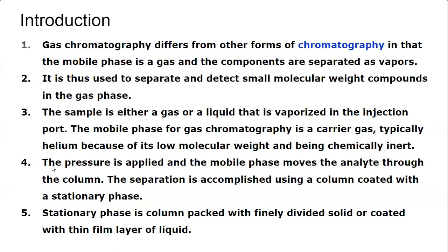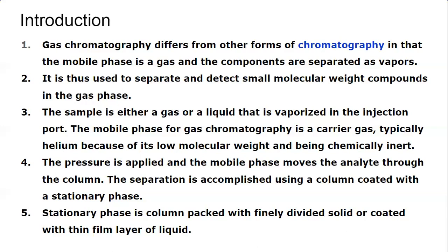Next, how do we run this gas? Just by applying pressure. By applying pressure, we can run the gas through the stationary phase, and here the stationary phase is the column. The pressure is applied and the mobile phase moves the analyte along through the column.